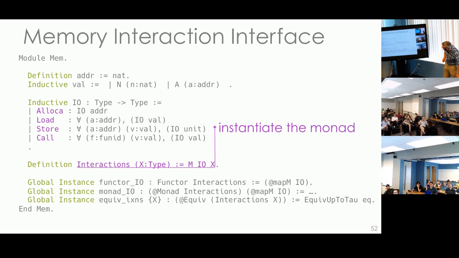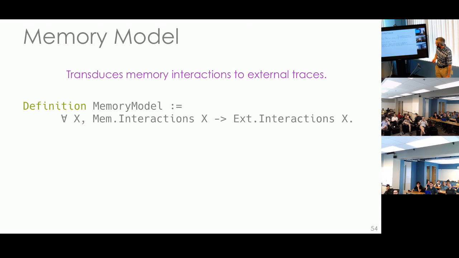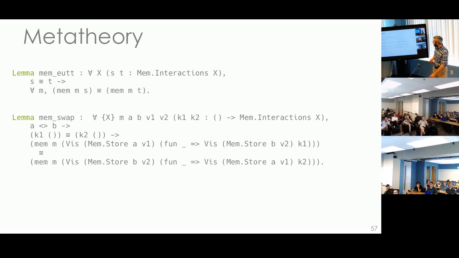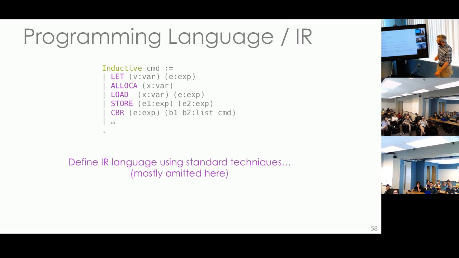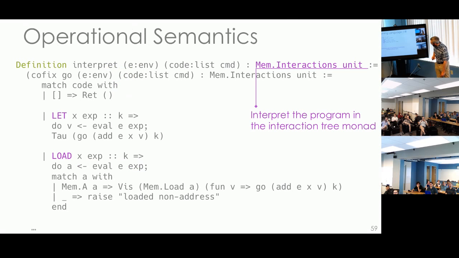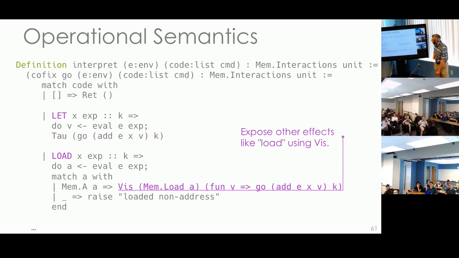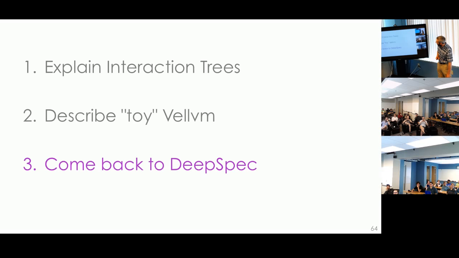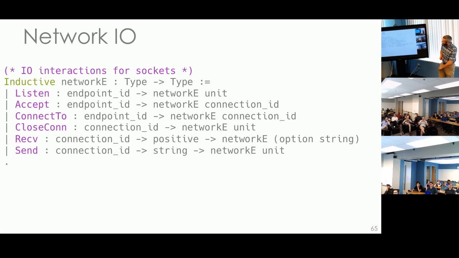I'm going to skip over a bunch of stuff because this is all details about the memory model, but you can tie it to an interpreter in the way that you normally do with a functional programming language. I'll just say, to give you a sense, our DeepWeb, which is a verified web server, uses something akin to this interface.